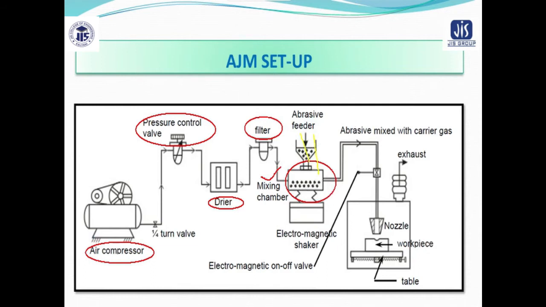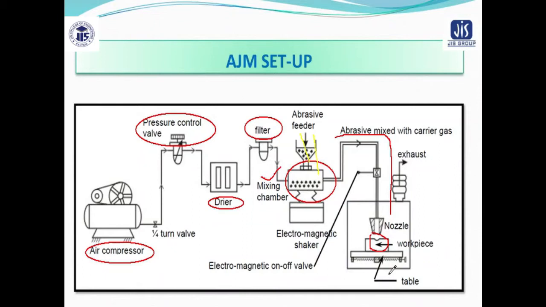Then this abrasive mixture flows through this particular pipe, and with the help of this nozzle it is ejected over the workpiece, and thus the fracture occurs and the material is removed. So in AJM, the kinetic energy of the abrasive particle is sufficient to provide material removal due to brittle fracture of the workpiece or even microcutting by the abrasive.